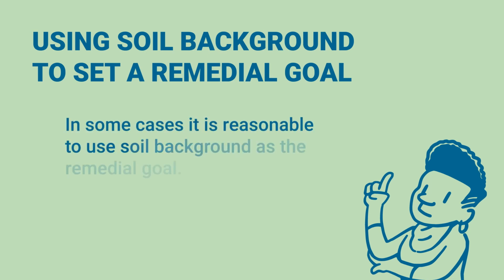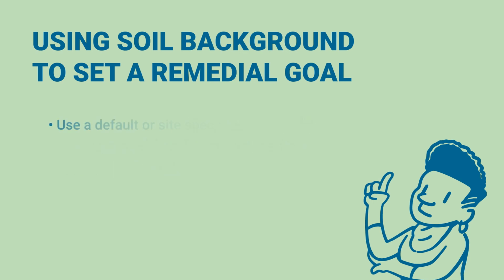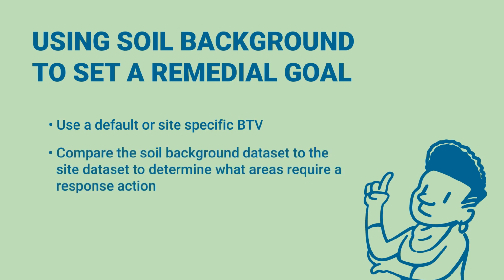In some cases, it is reasonable to use soil background as the remedial goal. There are two ways to use soil background to set a remedial goal. Use a default or site-specific BTV, or compare the soil background data set to the site data set to determine whether areas may require a response action.